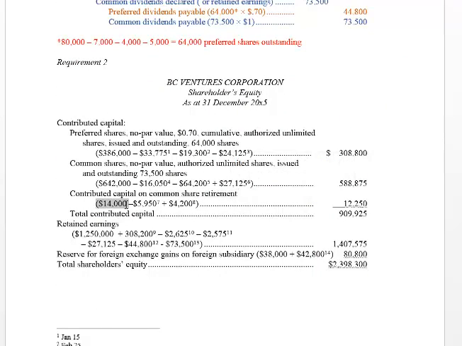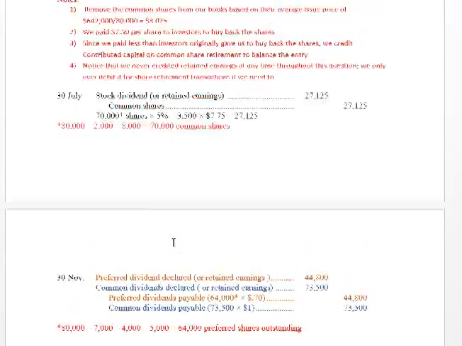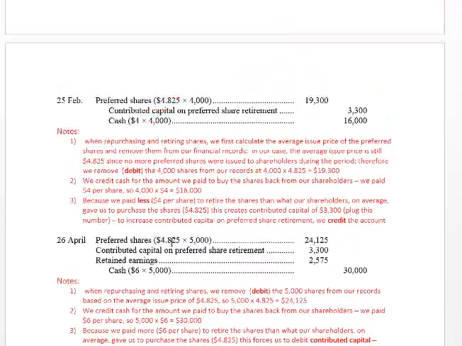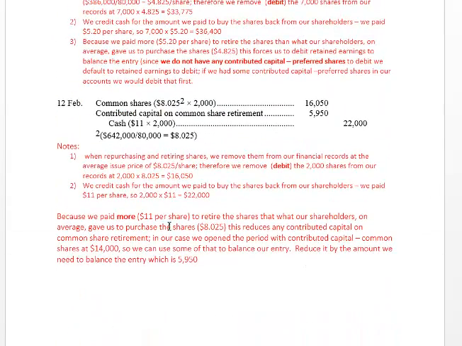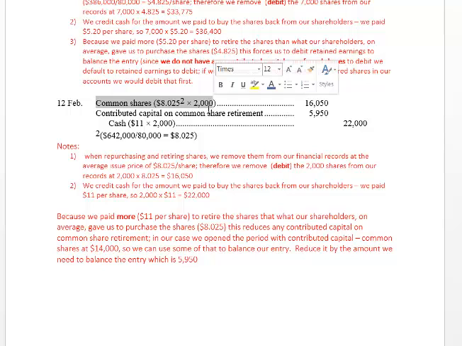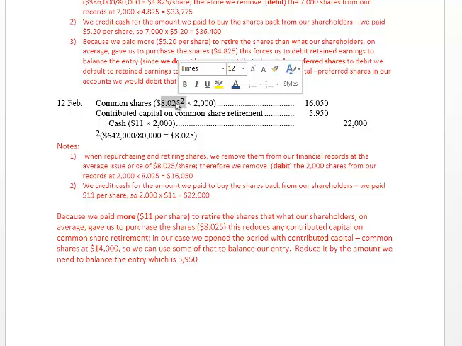Notice it started the beginning of January X5 at a balance of $14,000, but we reduced it by $59.50 on February the 12th when we removed, because of retirement, some common shares. You'll remember we debited common shares when we bought back 2,000 of our common shares, and we removed them from our books at the average issue price, which is the average amount that shareholders gave us for each share that they bought initially from us.